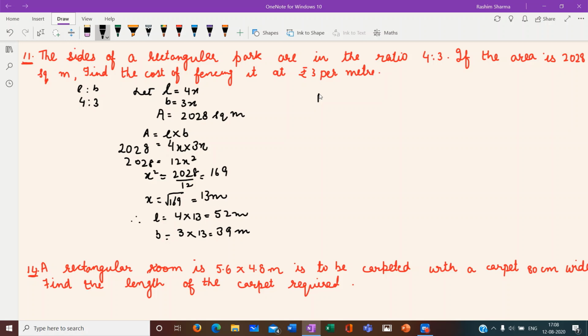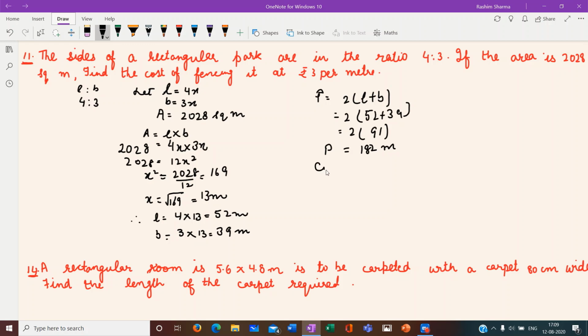Fencing means we need to find the perimeter first. So perimeter is equal to 2 into (L plus B). So we know now length and breadth, that is 52 plus 39, that is equal to 2 into 91, that means 182 meter is the perimeter of the rectangular park.